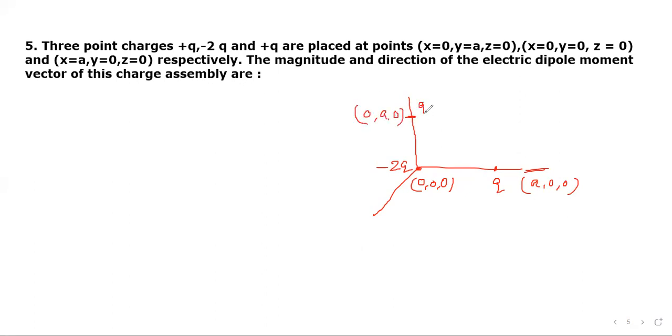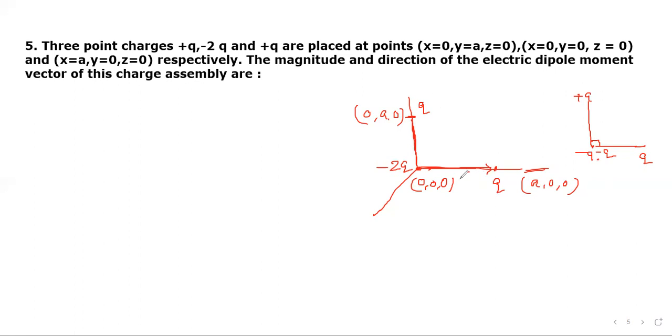This is also a plus q charge. So there are two dipoles. One is here in this direction. We separate these two charges here. The minus 2q charge can be written as minus q and plus q for the first, similarly minus q and plus q for the second. So two dipoles are there, and the angle between them is 90 degrees.